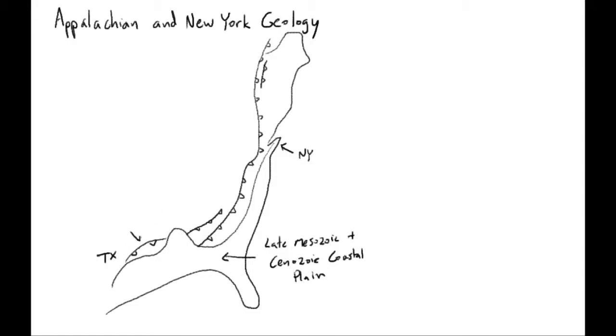So we call this part of that belt the Ouachita orogenic belt.